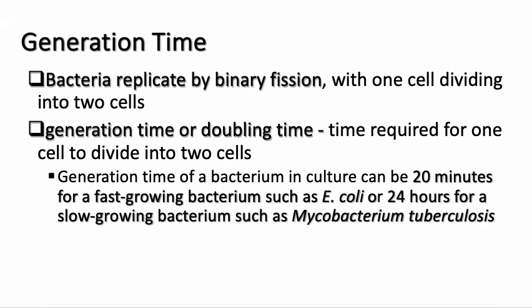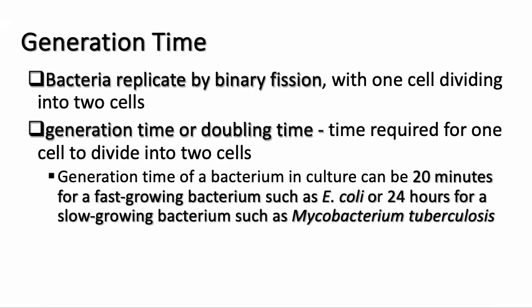Now, the generation time is the time it takes for a bacteria to divide, no, into two cells. Now, generation time varies from species to species, as some are fast growers, such as your E. coli, which can take around 20 minutes, okay, for it to divide into two daughter cells.